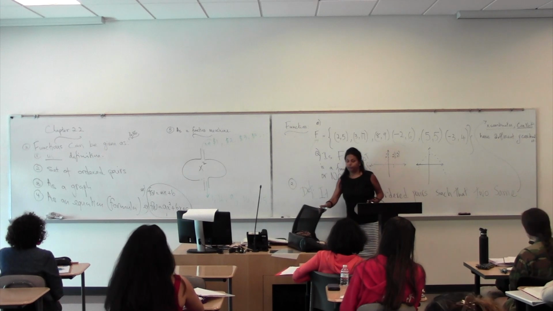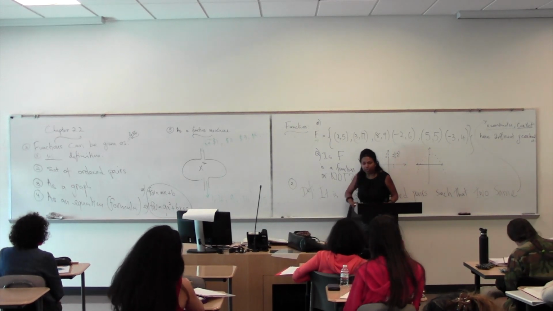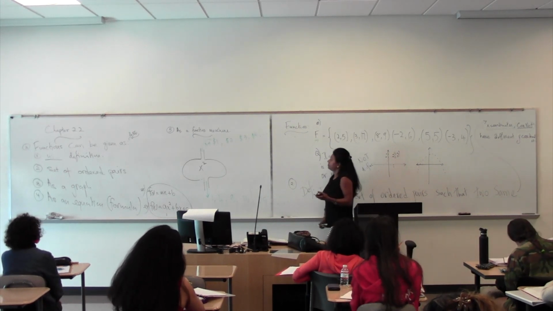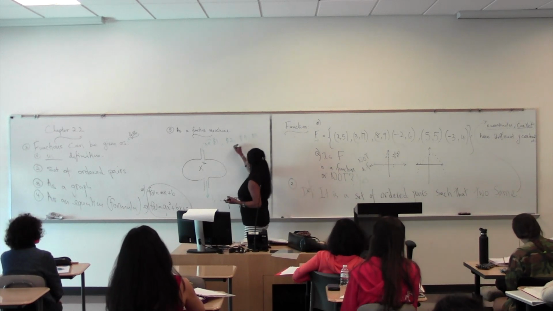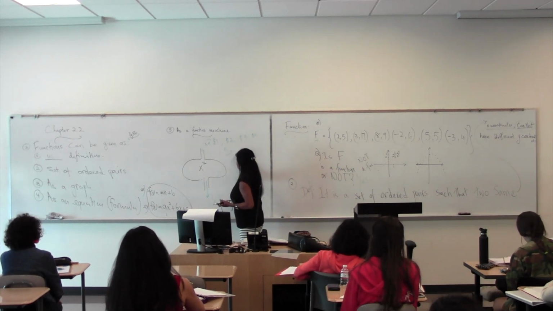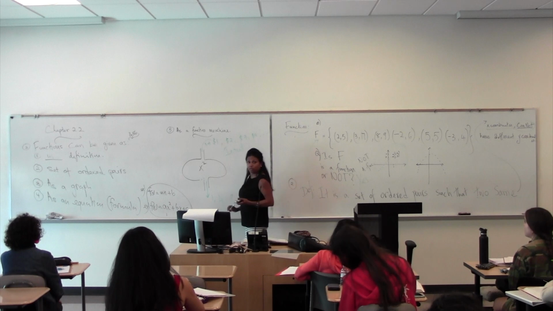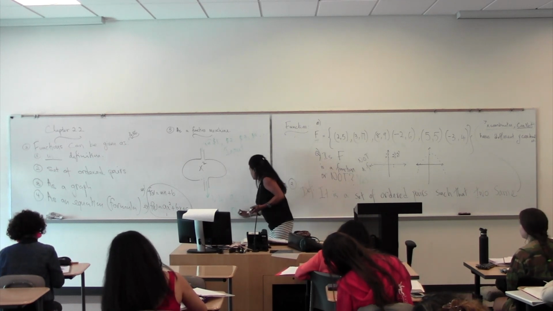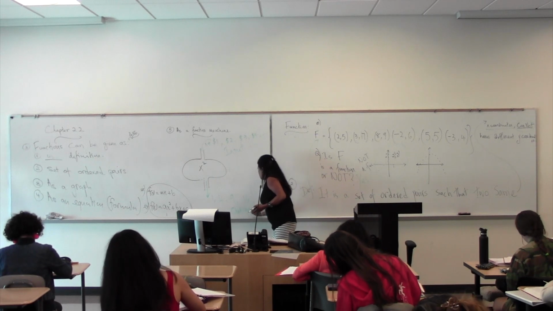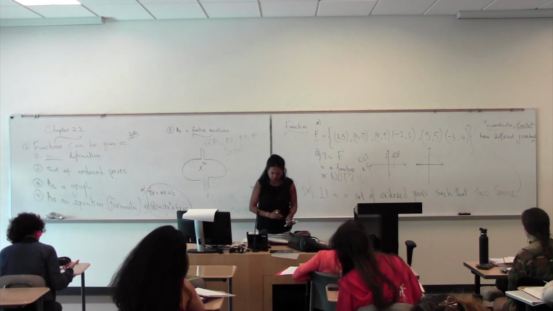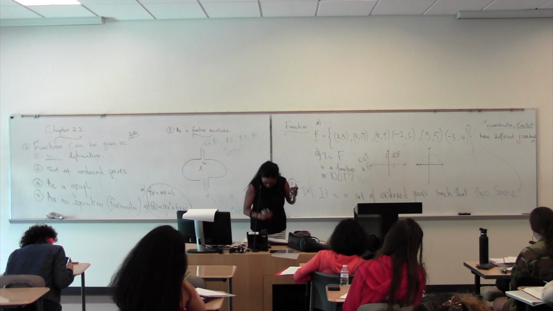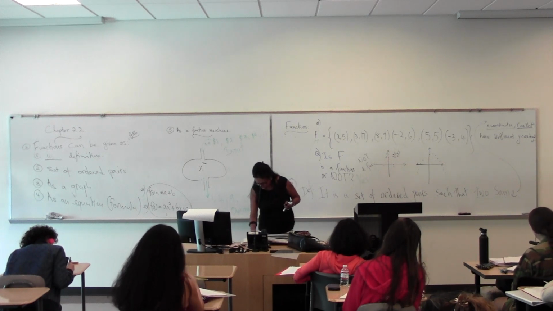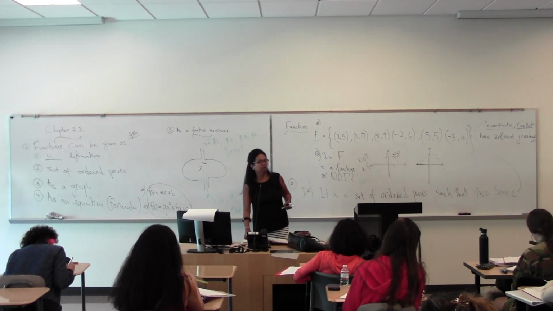Okay? Now, whatever you put in the machine is called what? This is your input. What is this output called? Output. Now, if you look into your book, the definition does say something about domain and range.